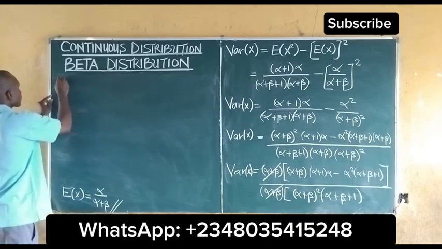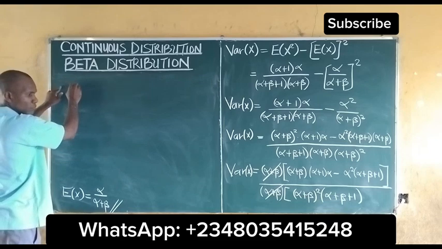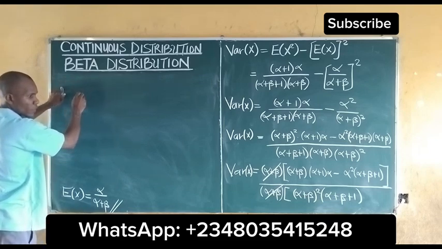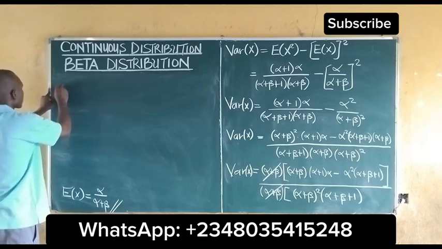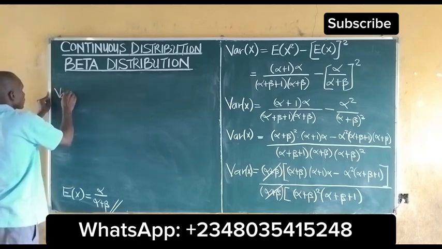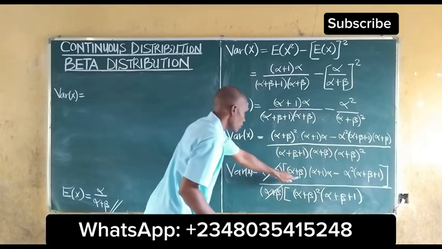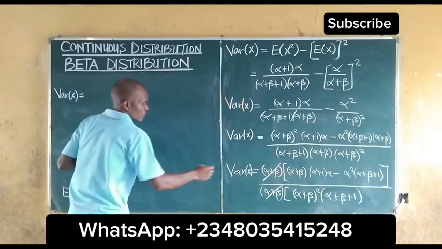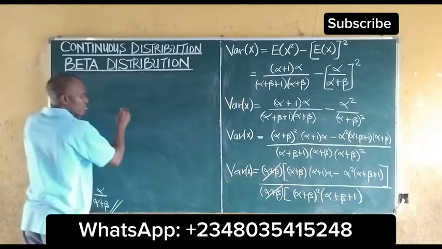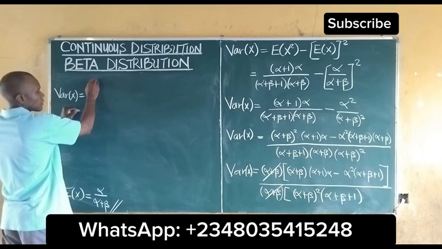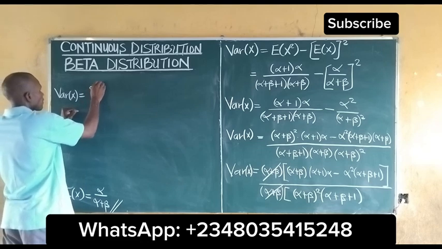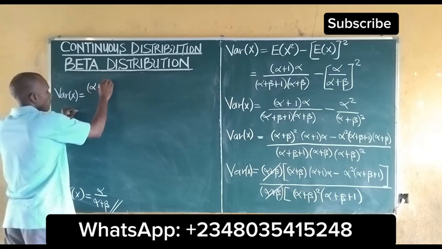Our variance of x will now be equal to, of course, this multiplied by this, we now have alpha plus beta.